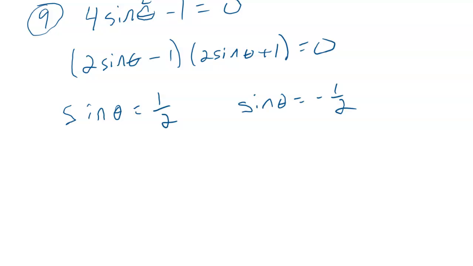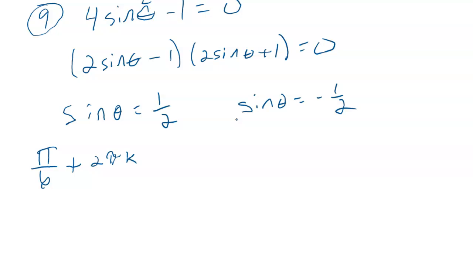Anyways, I'm going to do this in that K form, and we want to do radian measures. Sine is 1/2 at 30 degrees or pi over 6. And if we add 2 pi k to it, where k is an integer, this would be true.